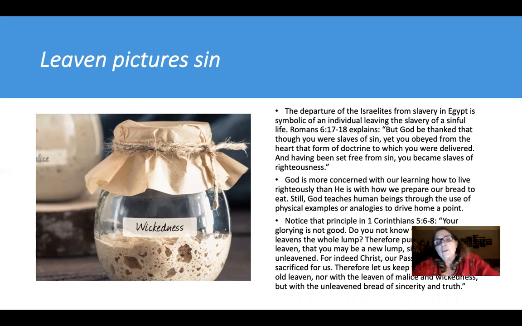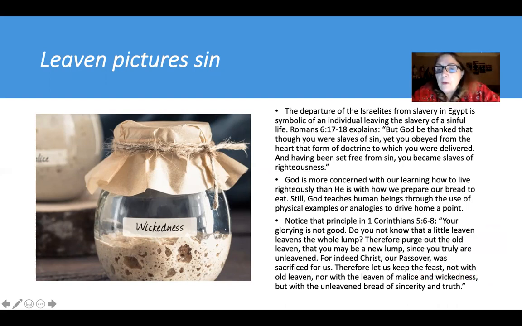God is more concerned with our learning how to live righteously than he is with how we prepare our bread to eat. Still, God teaches human beings through the use of physical examples or analogies to drive home a point. Notice that principle in 1 Corinthians 5:6-8. Your glorying is not good.